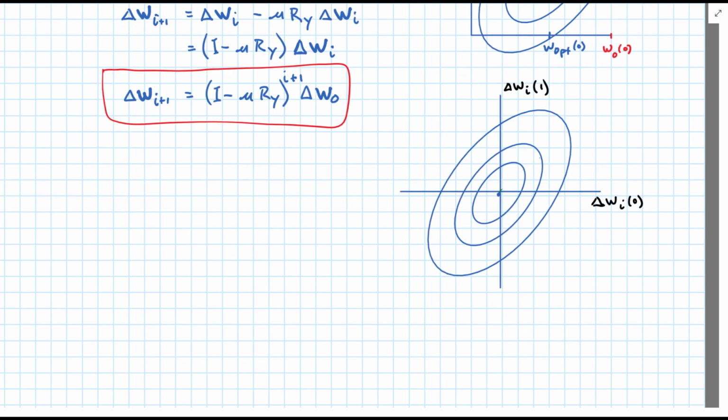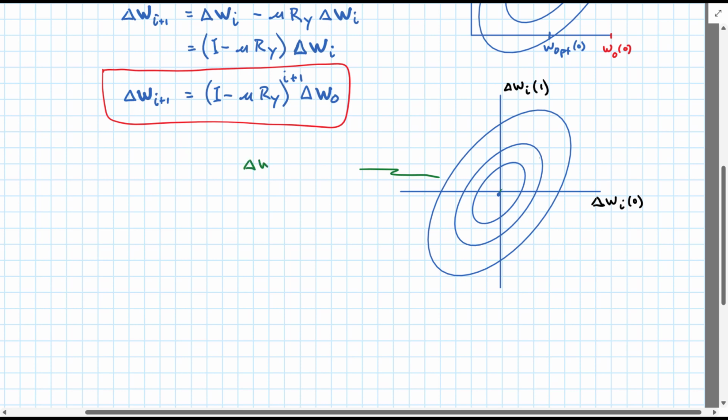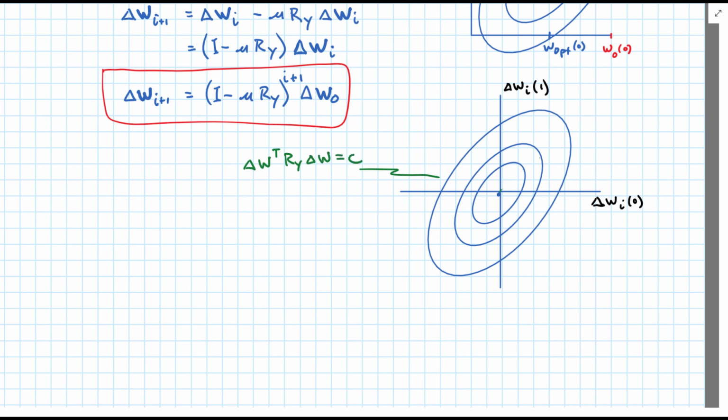I would, however, like to take a few minutes and talk a little bit more about these contours, the curves of constant error. They're ellipses, and they're given by the expression that delta W transpose Ry delta W is equal to a constant. So here are two examples.